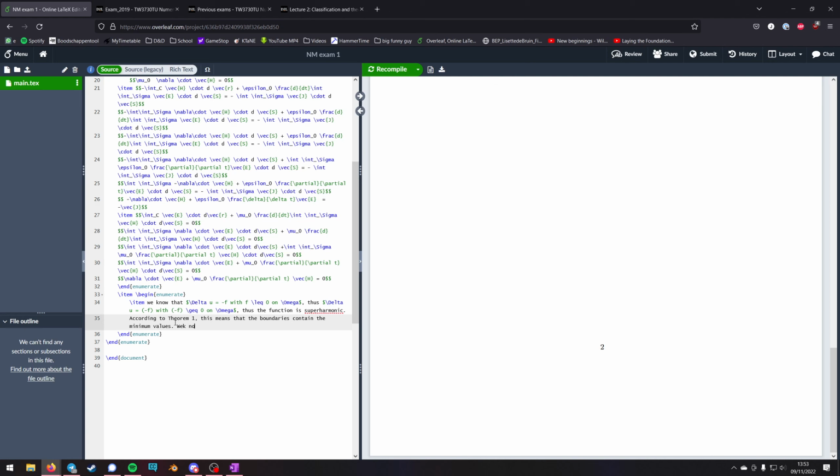We know the boundaries to be 0. Therefore, the entire function is positive. Okay, that doesn't sound too unreasonable, I hope.